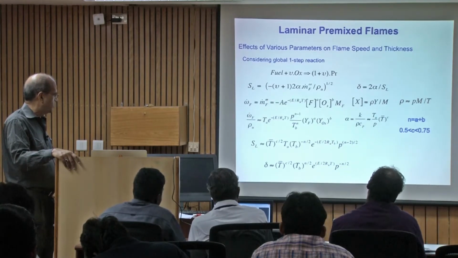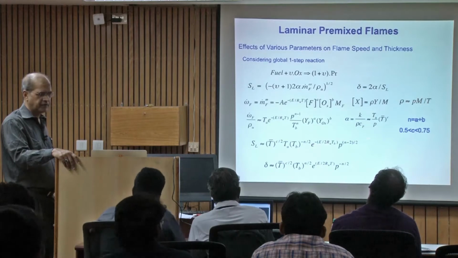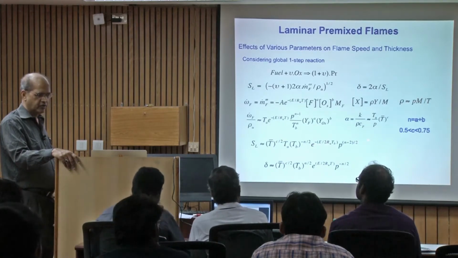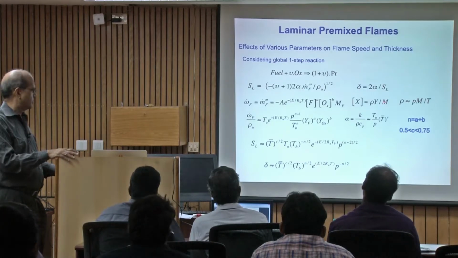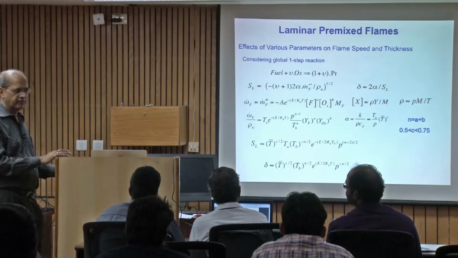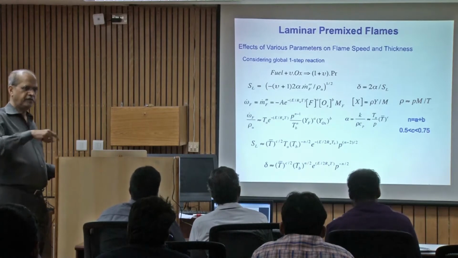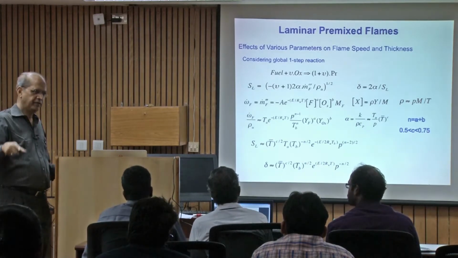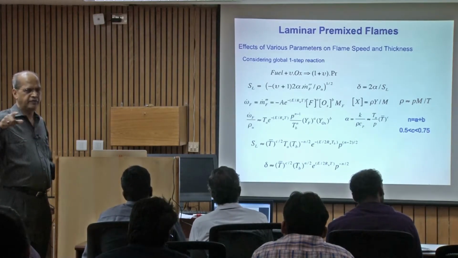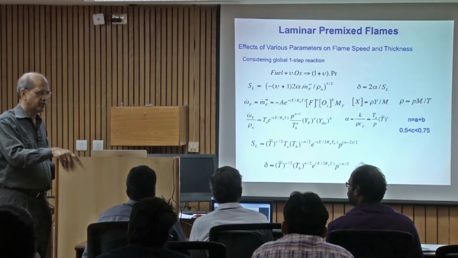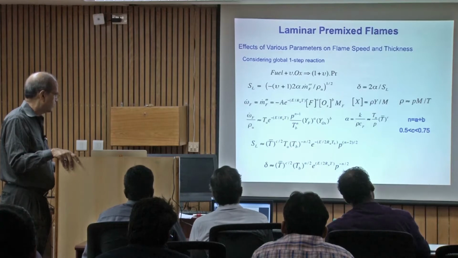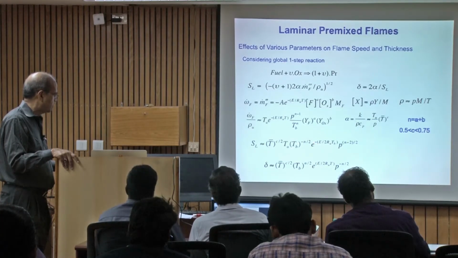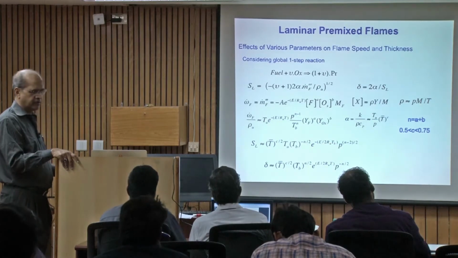This is the effect of the adiabatic flame temperature. So this has the maximum effect on the flame speed, like this TB, because of the exponential term. So whichever way the adiabatic flame temperature behaves, flame speed will follow that. Then of course you also have some effect here, but that's a small effect.